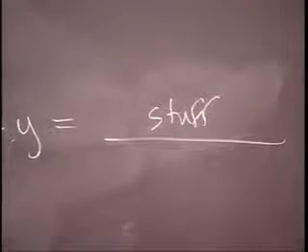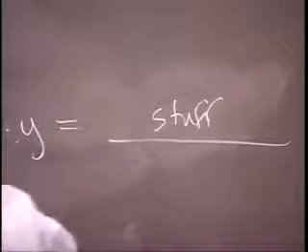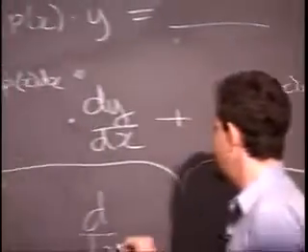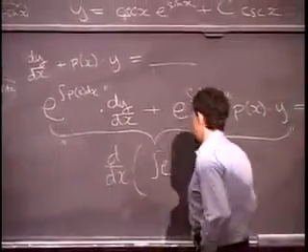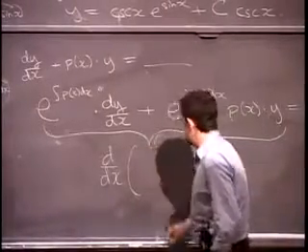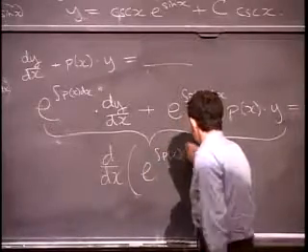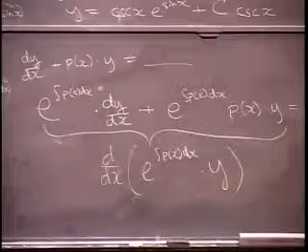The main thing is that this left-hand side is supposed to factor into d/dx of the integrating factor, it's not the integral, but it is e to the integral of p of x dx, times y. So let's just check that that works in general.